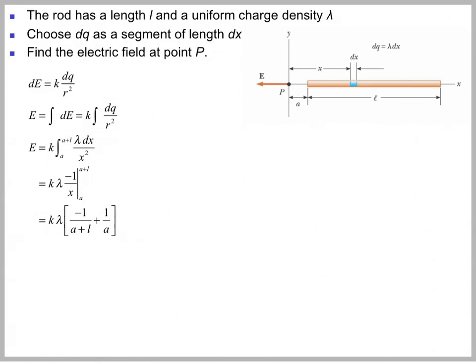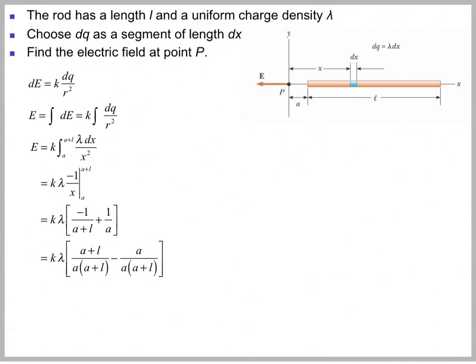So I plug in my limits, and I get the electric field as k lambda times minus 1 over a plus L plus 1 over a. I need to find a common denominator. If I do that, I get a plus L minus a over a times a plus L. The a's go away.